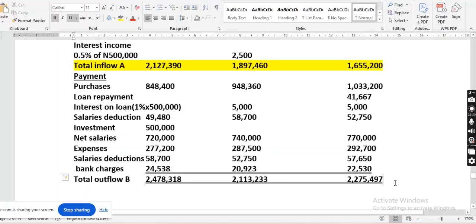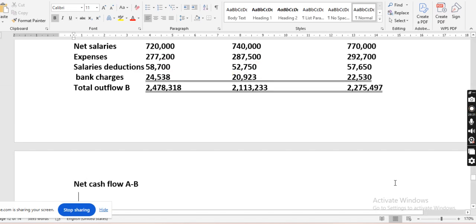What is the difference? What is the negative balance? Quickly. For September, negative 620,297.